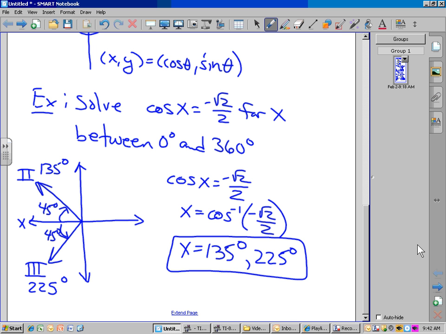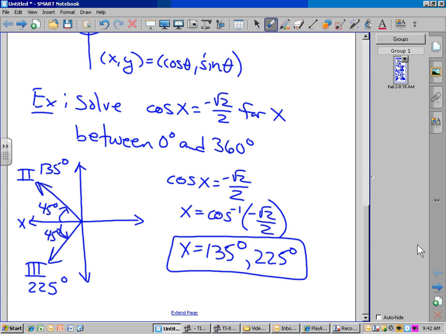Those are the two that are between 0 and 360. All coterminals of those would give us the rest of the answers. Like I said, a little different than what you did in geometry, but the same. Geometry gave you the first answer. We want all the answers.